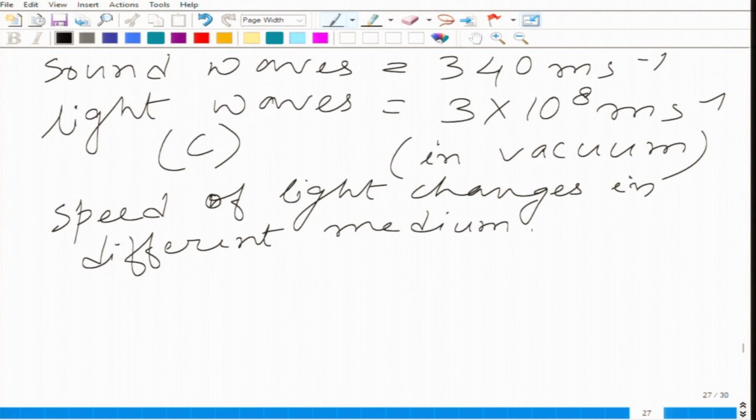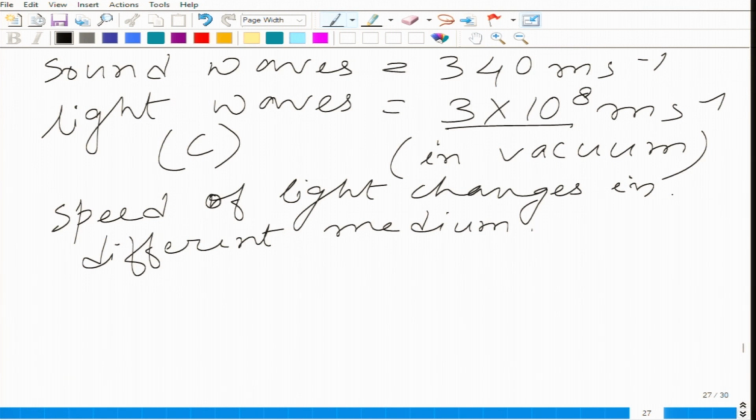But if the density of air changes, or there are more particles, that is more dust particles or more moisture in the air, then the speed of light can change. That is generally lower than this value. So this is the highest value of speed of light.